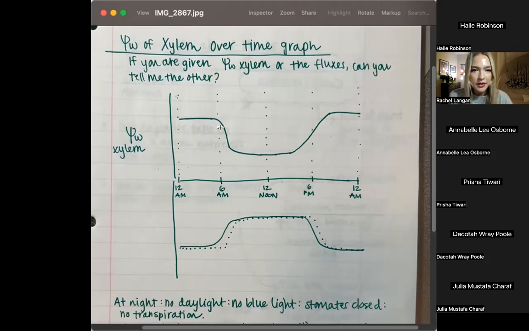So whenever the water potential of the xylem is decreasing, that's an increase in transpiration rate. Whenever it's increasing, that's a decrease in transpiration rate. And then what happens with the root uptake is kind of the same thing with a delay.